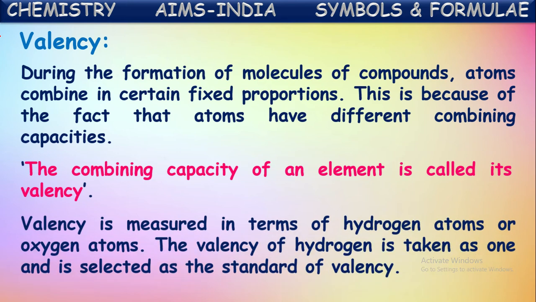Valency is measured in terms of hydrogen atoms or oxygen atoms. So the combining capacities of the different elements are compared in terms of hydrogen atoms, or sometimes oxygen atoms also. The valency of hydrogen is taken as 1 and it is selected as the standard of valency.